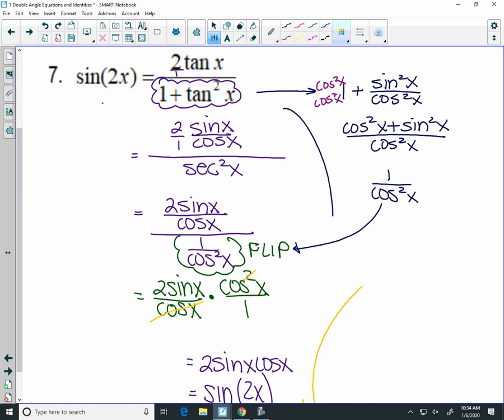So if you don't see that 1 plus tangent squared is secant squared, and you just change that to sines and cosines as well, that's actually what I did the first time I did this. You just have to get that common denominator, and then cosine squared plus sine squared is 1, and it gets you right there. So both ways, lovely. I like using cosine squared plus sine squared equals 1 anytime I can, so I wasn't mad that that happened.